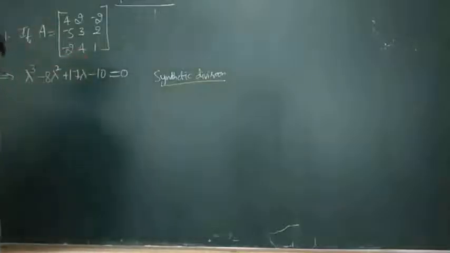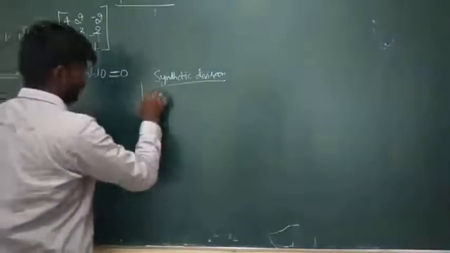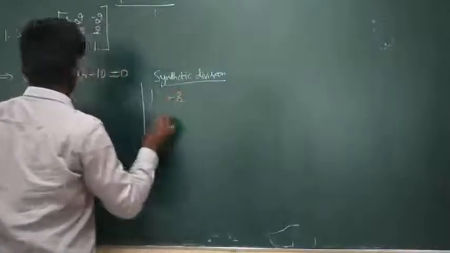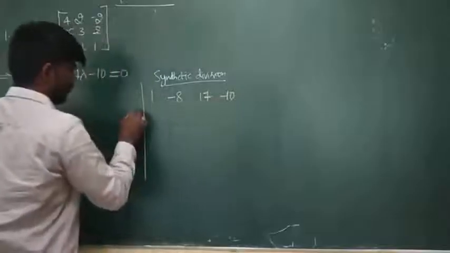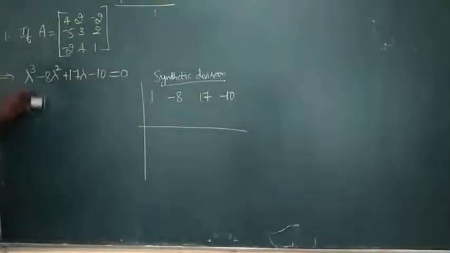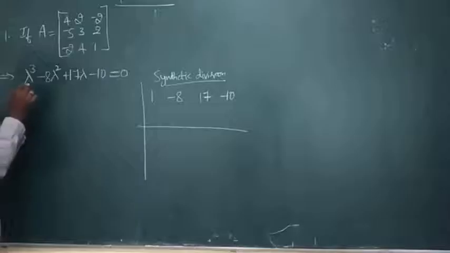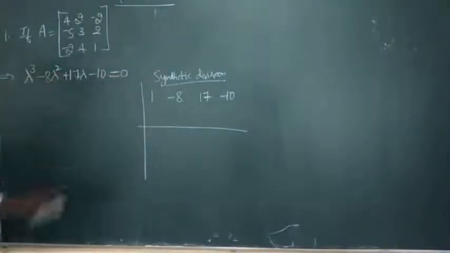Synthetic division comes like this: 1, minus 8, 17, minus 10. First, by observing, we have to find one root. Therefore, 1 is a root for this equation, because if we substitute 1 here, we get 0 on the left-hand side.